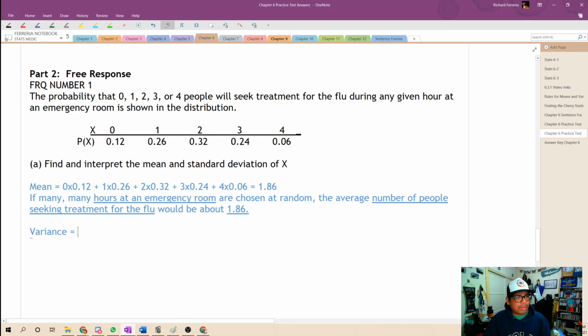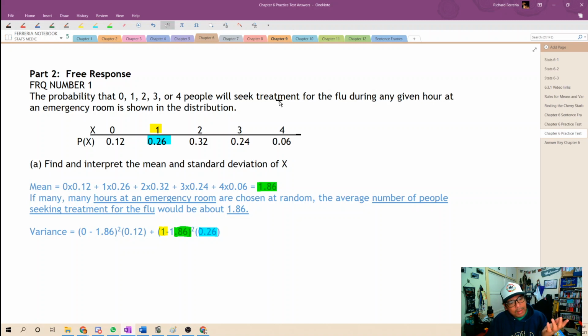I always start off with the variance. So we're going to square the deviations and multiply by the probabilities. So 0 minus 1.86 squared times 0.12. And then the variance for 1 is 1 minus 1.86 squared multiplied by 0.26.